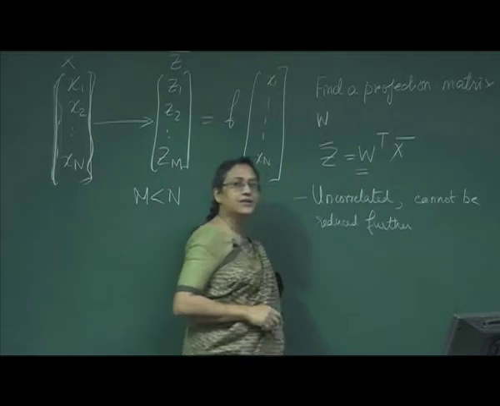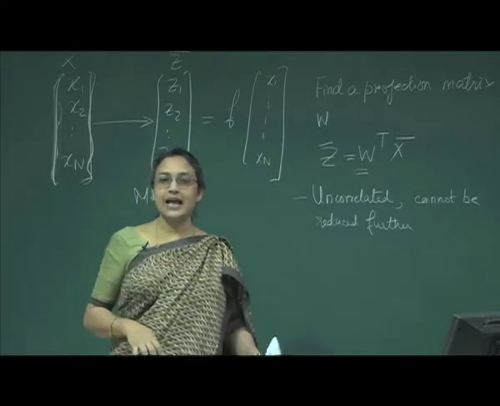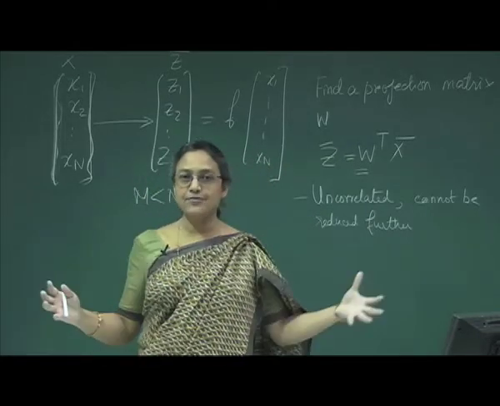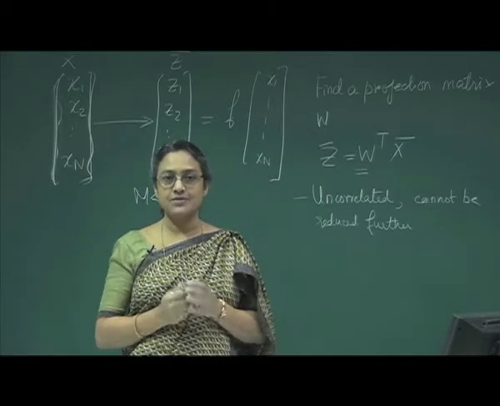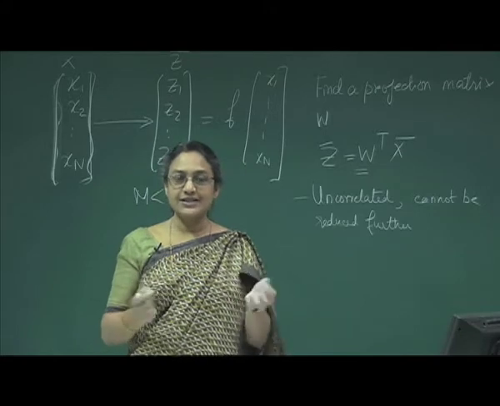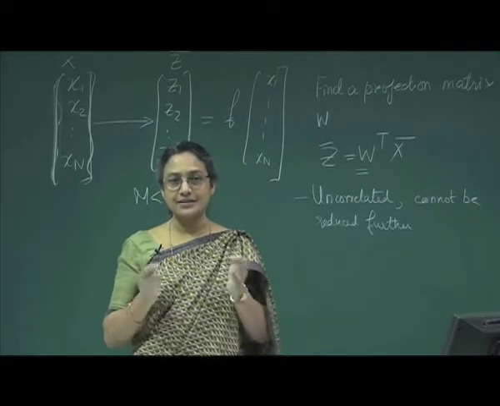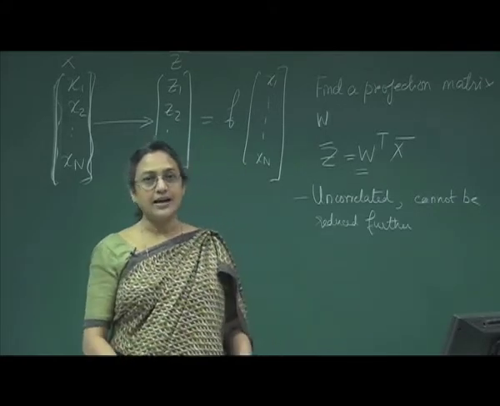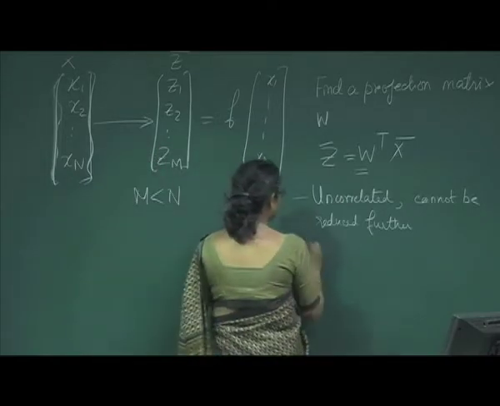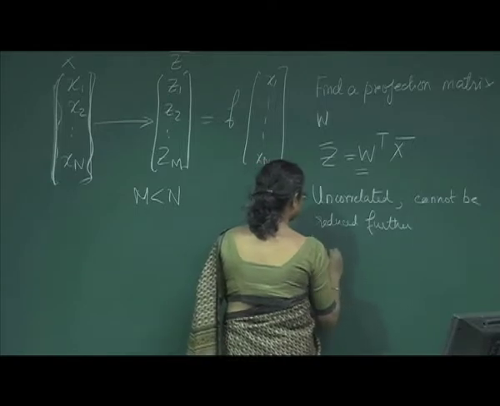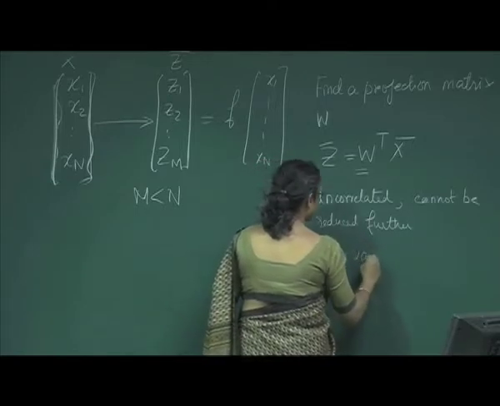In the last class we noted that features can be redundant, and therefore we can have a larger number of features. When we map into a smaller space, we want the features not to be redundant among themselves, that they are uncorrelated and cannot be reduced further. Secondly, we want features to have large variance or large variation.